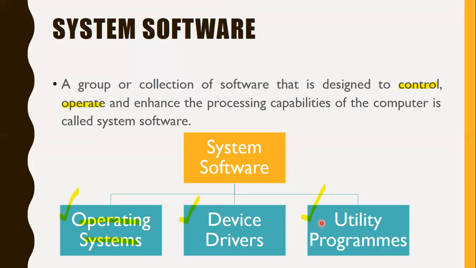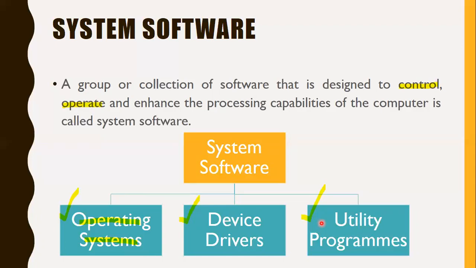An operating system is basically a system software that manages computer hardware and software users, and it provides some common services for computer programs. In other words, the Windows that is installed in our computer is an operating system.